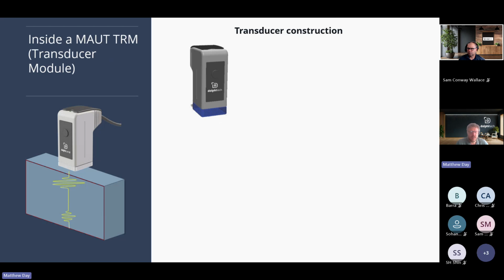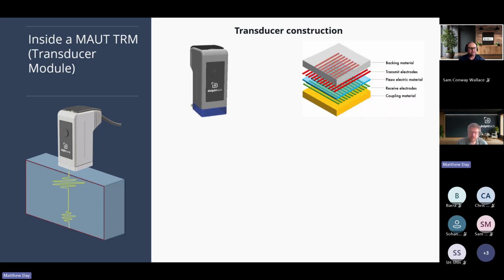Looking inside our transducer, how does it actually work? So we have the same sort of physical conditions in the fact that we have backing material, piezoelectric material, and a method of coupling. What differs with matrix array is that instead of a hardwired piezoelectric material, like a ceramic, we use a polymer-based piezoelectric material, and we use transmitting and receiving electrodes in order to generate our ultrasonic waves and then the corresponding ultrasonic data points for the returning signals.